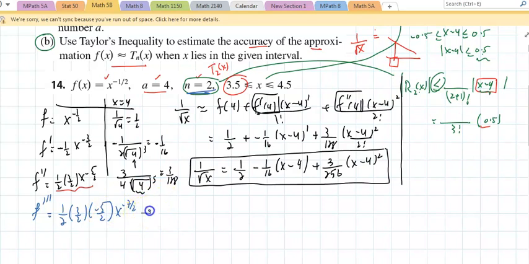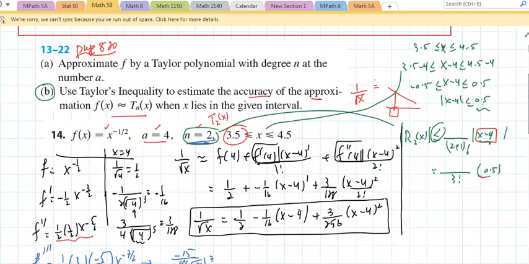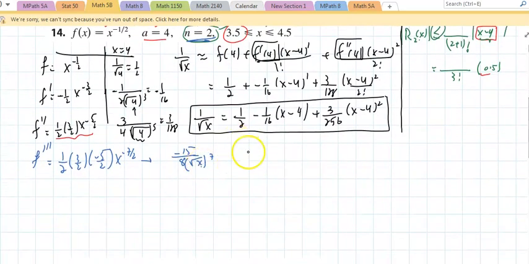So wouldn't you say that this is actually negative 15 over 8 times the square root of x to the 7? I'm looking at a function, isn't that always decreasing? If a function is decreasing, don't you always say that's the maximum it could ever be? So M is going to be the biggest this could ever be in absolute value, so that's going to be positive 15 over 8 times the square root of 3.5 to the 7th.